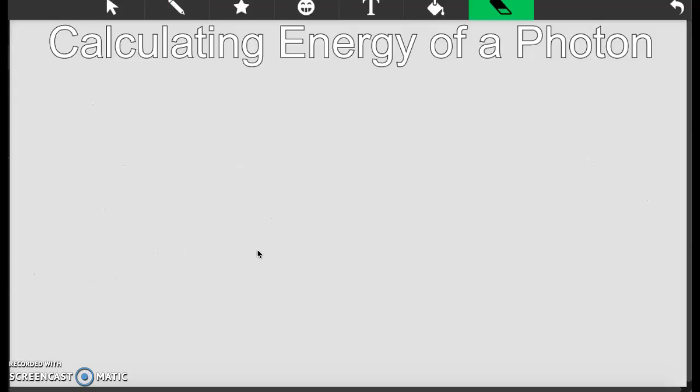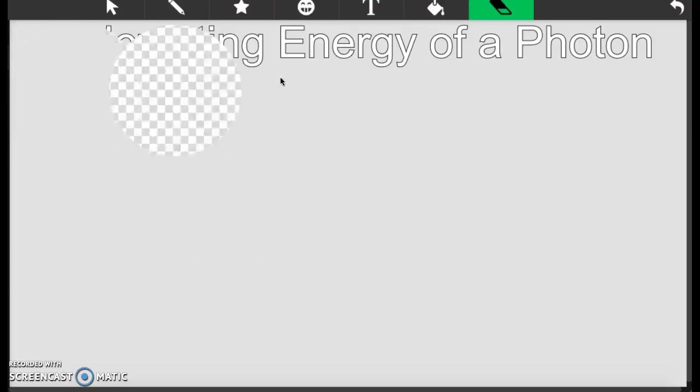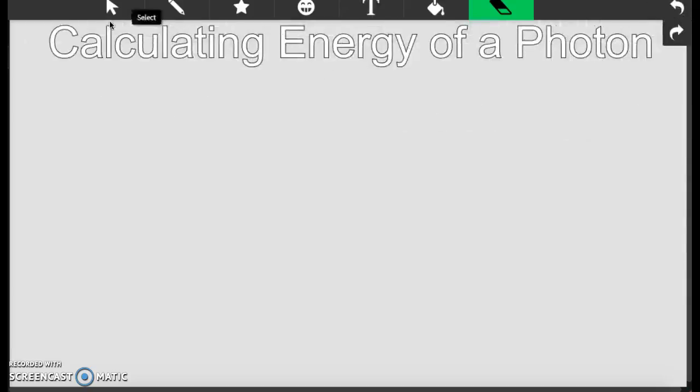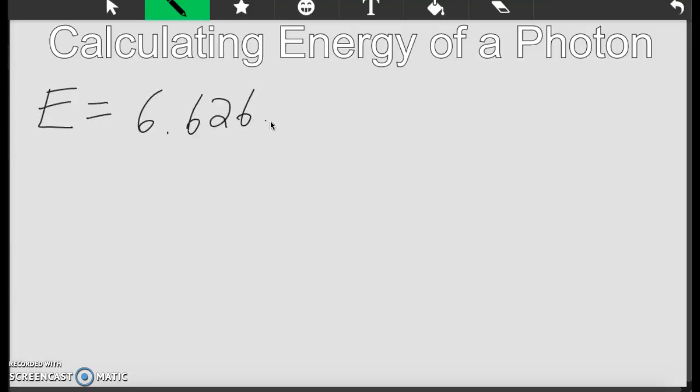A mild editing error, so we're just going to start again. We ended up with energy equals 6.626 e to the negative 34 times 3.313 e to the positive 9.